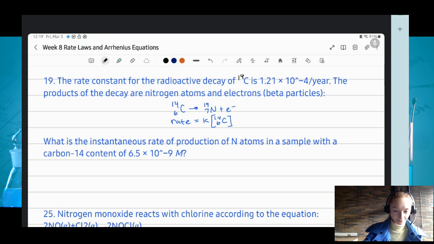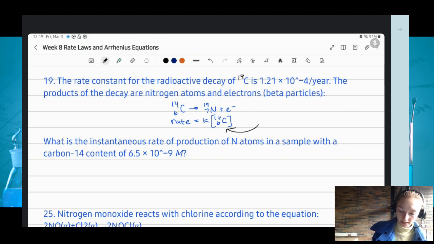So, using the equation that we've been talking about, and I'll write that again. So the rate, or I already wrote it right here actually. So the rate equals the K constant times the concentration of the carbon.